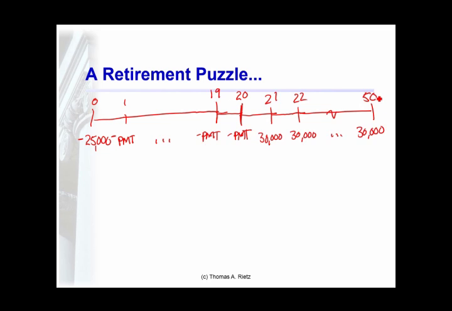Okay, let's see how the annuity formulas might work in this. Well, the annuity formula for my retirement payments can bring the value back to date 20. Actually, I'm going to shorten that up a little bit.